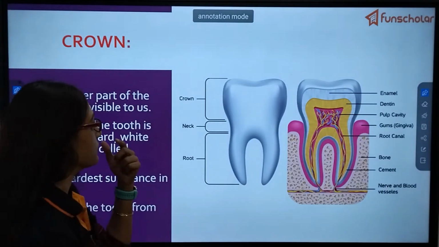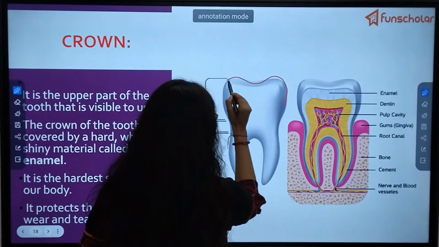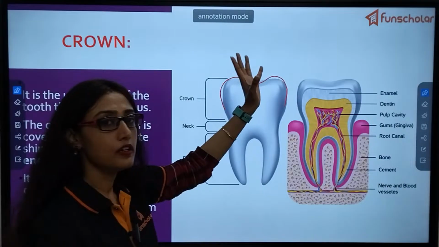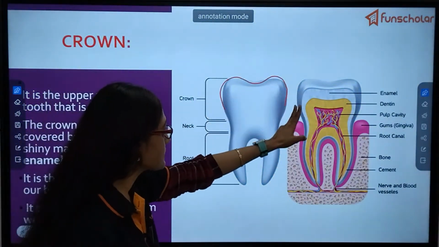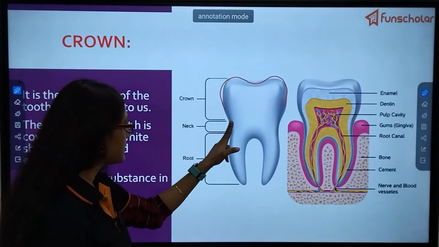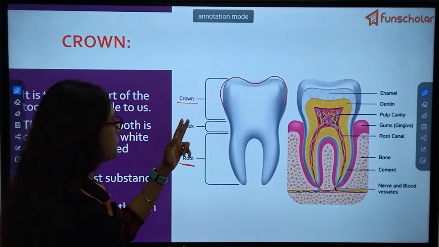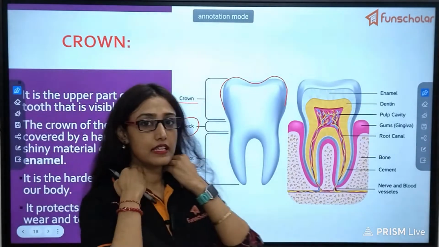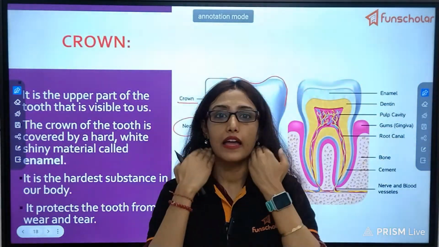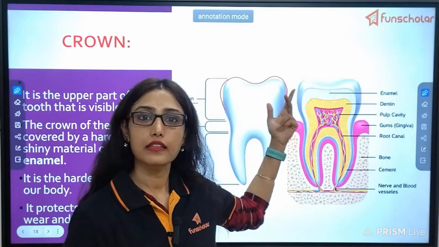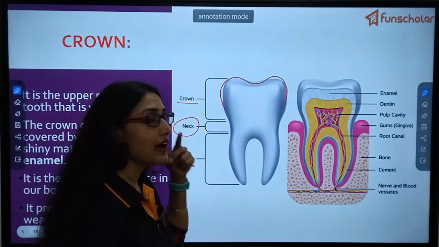Now what is crown? See this portion, since it has a similar look to the crown of the king, this part is known as crown. And this part which connects the crown with the root is known as neck. Just like our head is connected with our body via the neck, similarly here the crown is connected with the root via the neck.